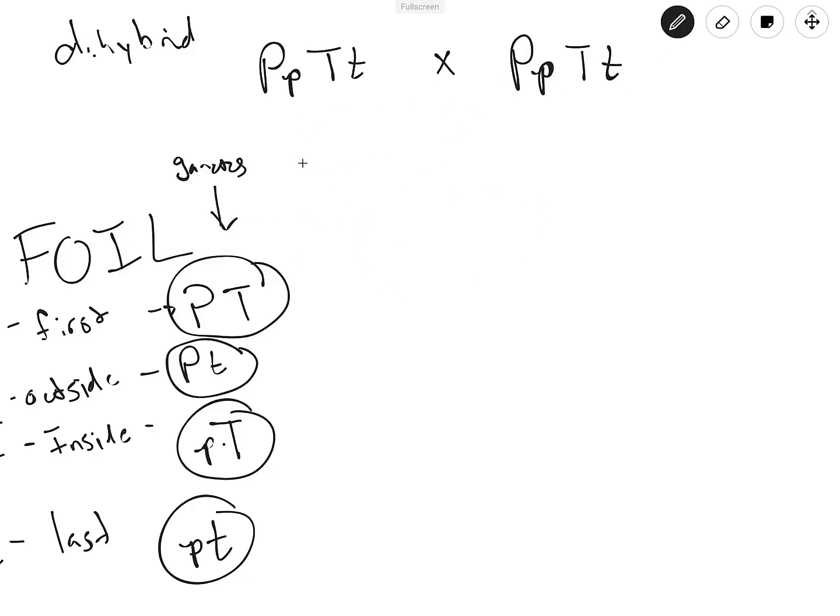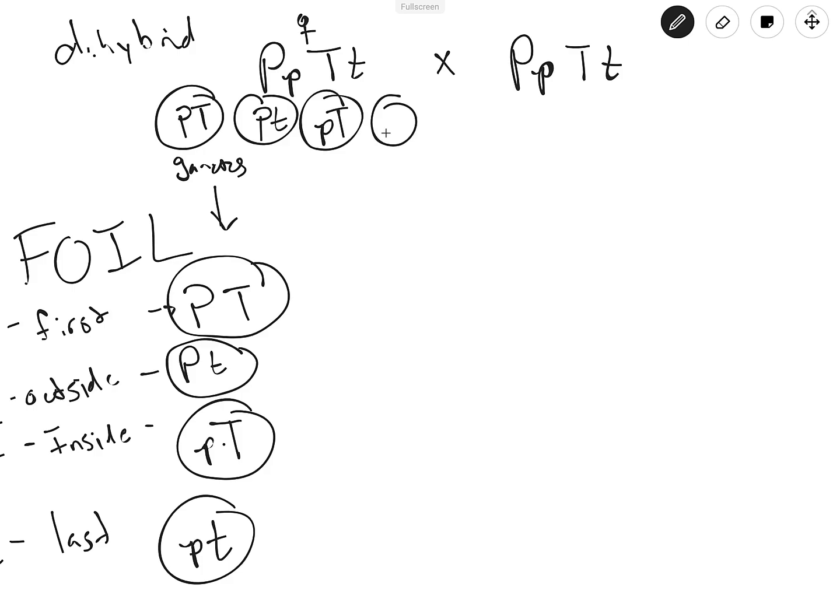Each parent is going to be able to make the same 4 gametes because they have the same genotype. So if this is mom, she can make 4 eggs: big P, big T, big P, little t, little p, big T, or little p, little t.